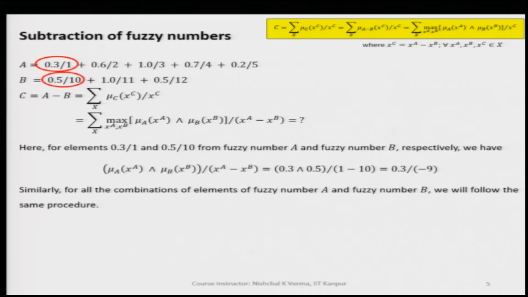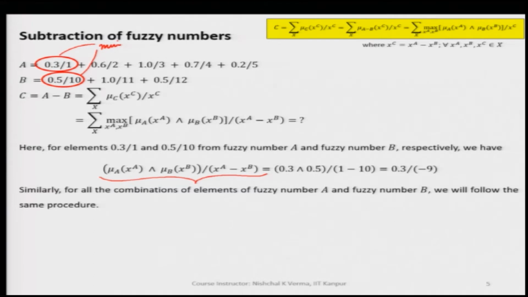So, first let us compute this value for one combination of the elements from A and B. So, let us take min of these two terms, 0.3 oblique 1 and 0.5 oblique 10, we have two elements, and let us take min of these.